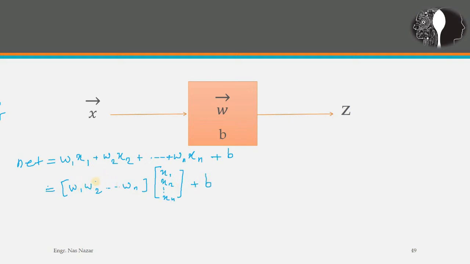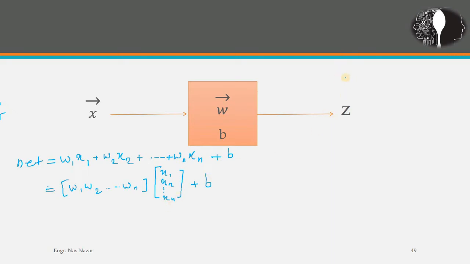Meaning here we have a horizontal matrix multiplied by a vertical matrix, and in a matrix we know that this would be x1 times w1, w2 times x2, and finally wn times xn.